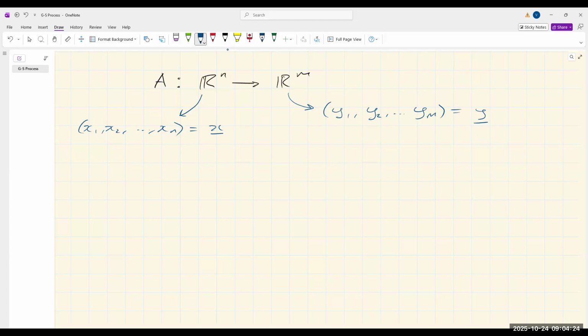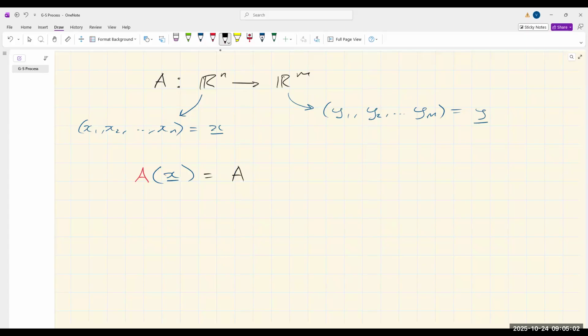This map A is going to take in a vector in Rn, and it's going to output a vector in Rm. So how is it taking in n numbers and outputting m numbers? What exactly is this map doing? What if I told you that this map A is a matrix?